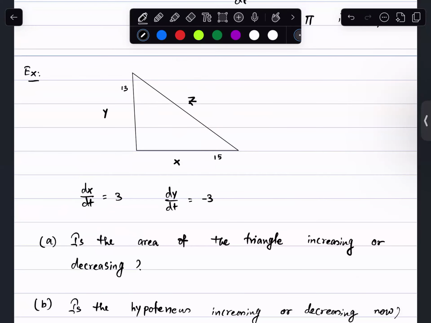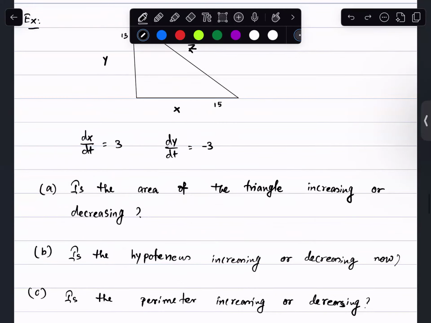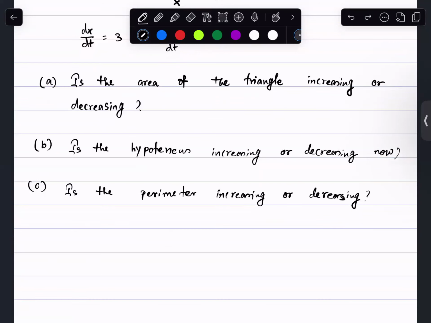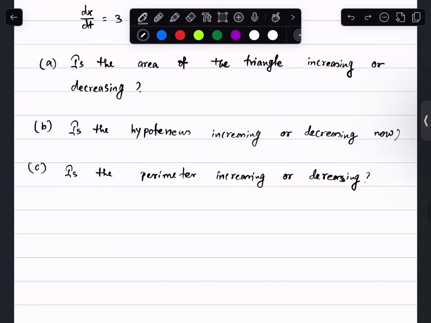So x is increasing by 3 units per time, and y is decreasing by 3 units per time. Now I have three questions. Is the area of the triangle increasing or decreasing? Is the hypotenuse increasing or decreasing? And is the perimeter increasing or decreasing?